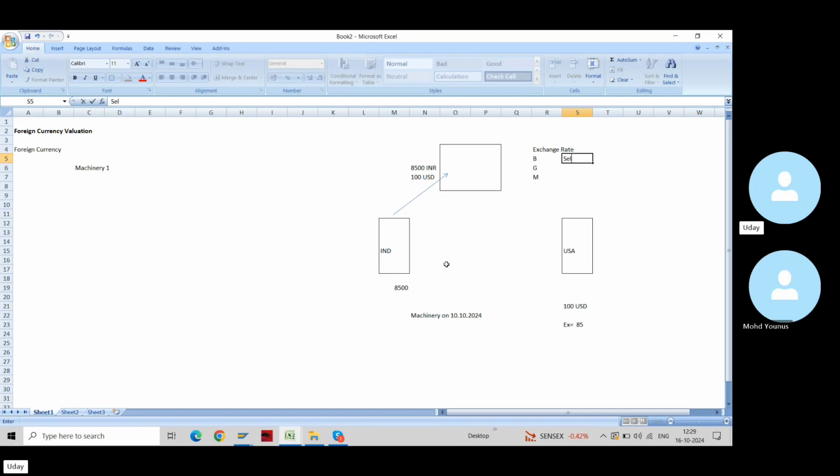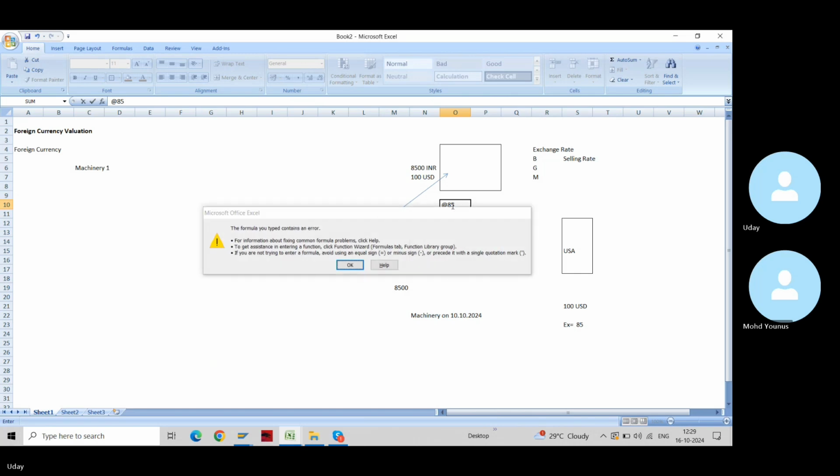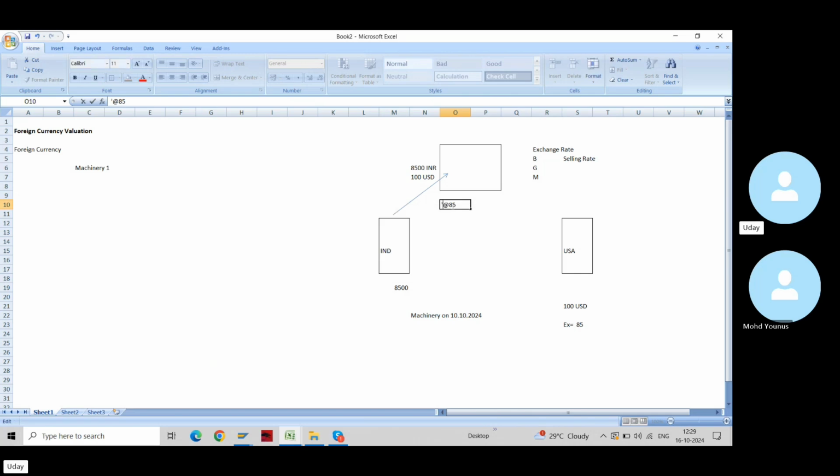So for $100, this financial institution or bank is selling at the rate of 85. At the rate of 85, they are selling US dollars for INR.